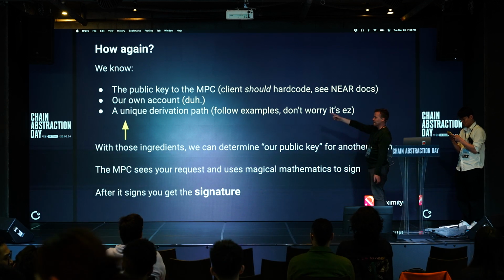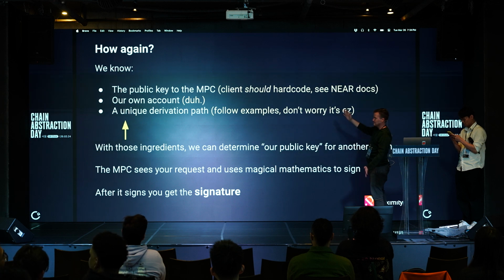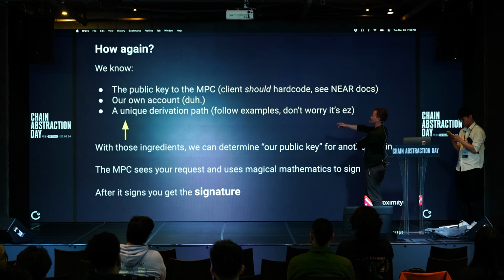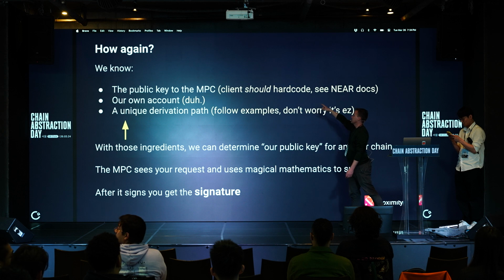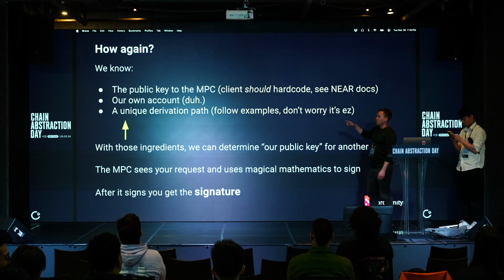Now this public key is totally public, in the sense that it should be implemented on the client. You don't have to query anything. All the examples will have the public key hard-coded in there. That's supposed to be how it is.